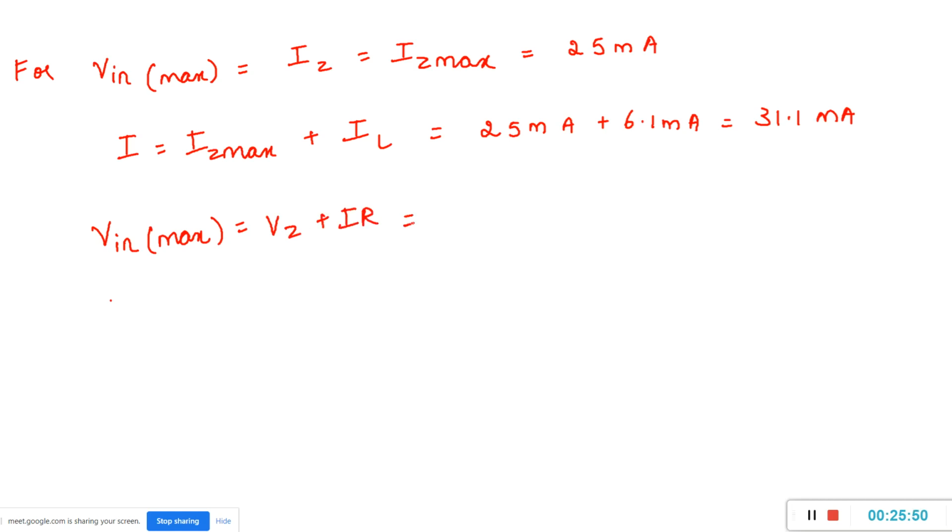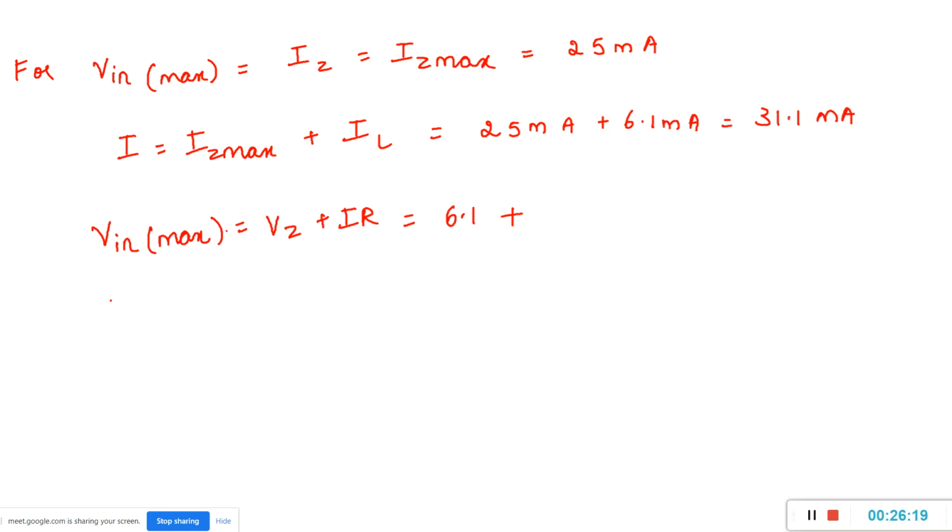Again as usual, Vz we know 6.1 volt plus IR. So I we have got a new value for this because Iz is changed now. For Vin minimum we have considered Iz minimum which was 2.5. But for Vin max we are considering Iz max which is 25 milliamps. So I is equal to Iz max plus IL, 25 milliamps plus 6.1 milliamps, 31.1 milliamps.